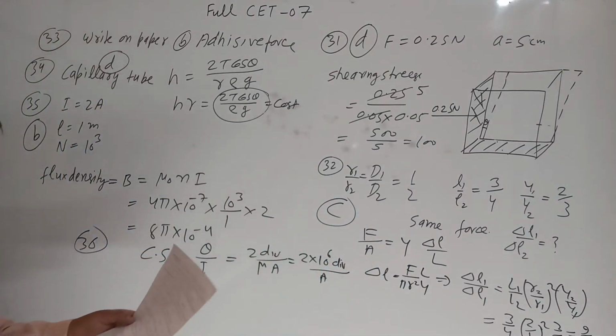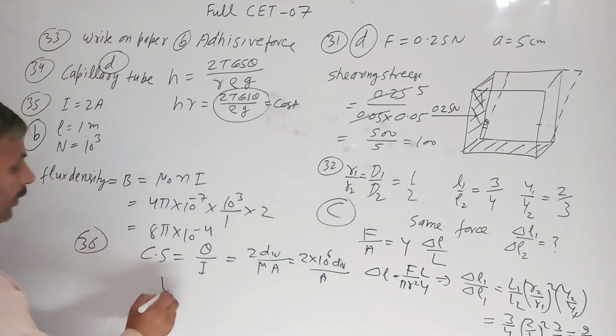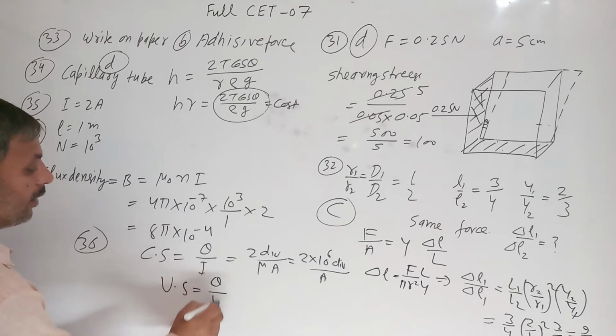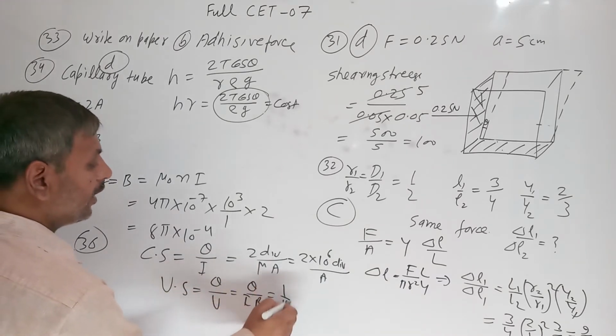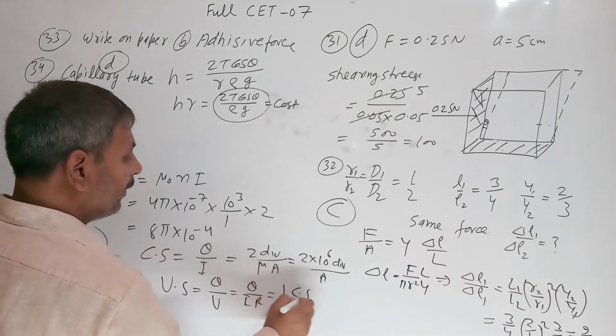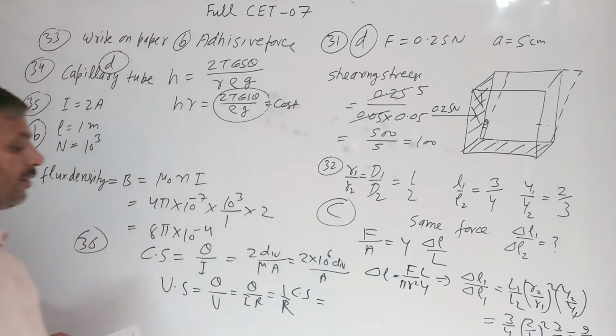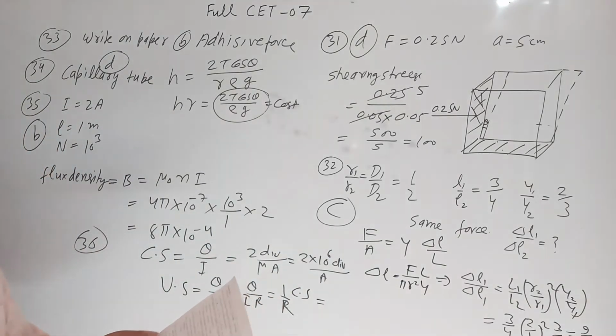This is CS. They want resistance, and they have given voltage sensitivity. So Vs is equal to theta upon V, and theta upon V means theta upon IR, or 1 upon R times theta upon I, which is equal to CS. So Vs is equal to CS upon R. Current sensitivity divided by resistance.